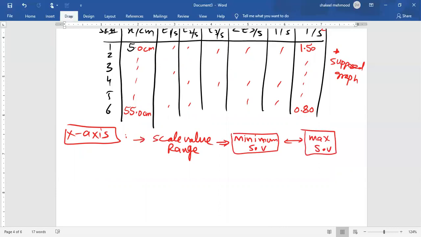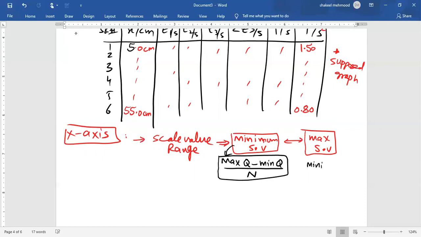How can you find minimum scale value? This is the formula: maximum of the quantity minus minimum of the quantity, divided by number of squares. Along x-axis n will be 8 and along y-axis n will be 12. Maximum quantity means the quantity that you are plotting along x-axis. You have to take its maximum value minus its minimum value. That's how you will get the minimum scale value. For maximum scale value, you simply have to multiply minimum scale value with 2. By doing that, you can get the scale value range.